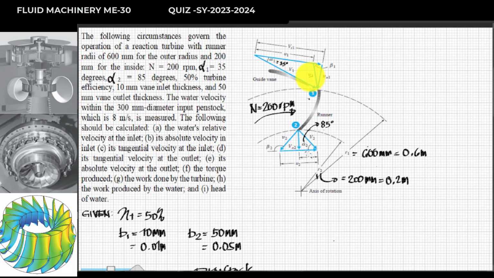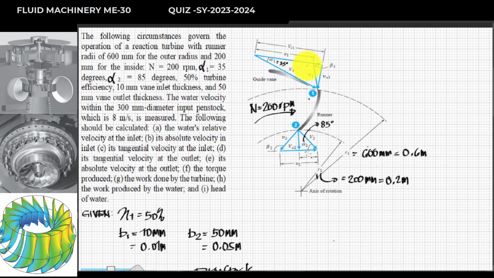Also, for letter B, we're looking for the absolute velocity. This is the absolute velocity V sub 1, with an angle of attack of 35, which makes an angle of 35 degrees from the tangent of motion of the fluid.